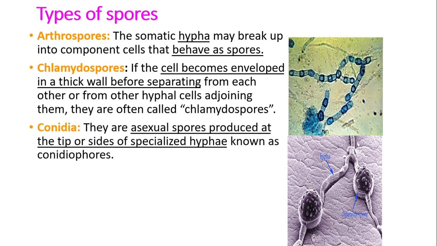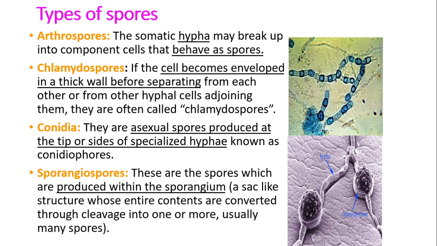Conidia, we have already discussed. They are asexual spores produced at the tip or sides of the specialized hyphae known as conidiophores, and we also talked about sporangiophores, which bear the sporangia.